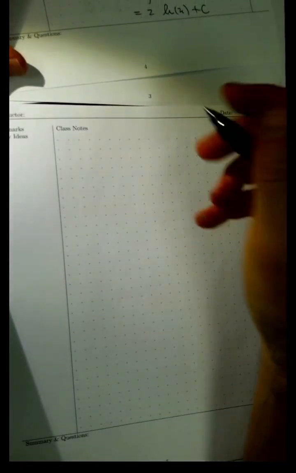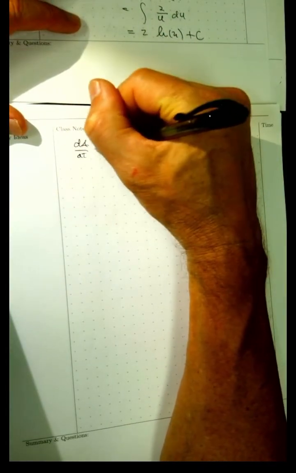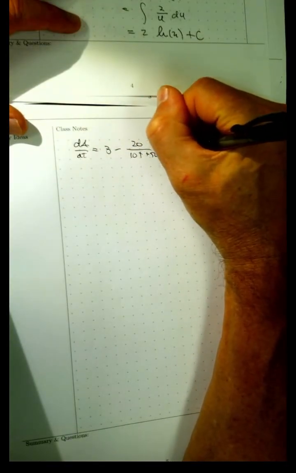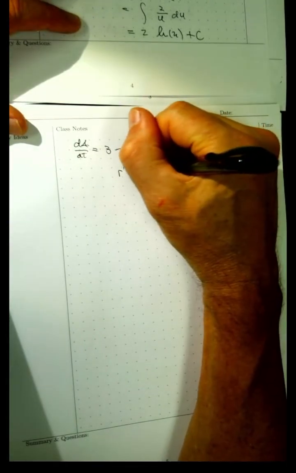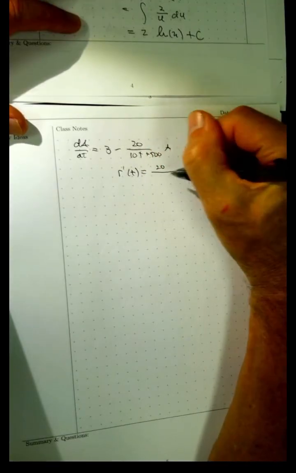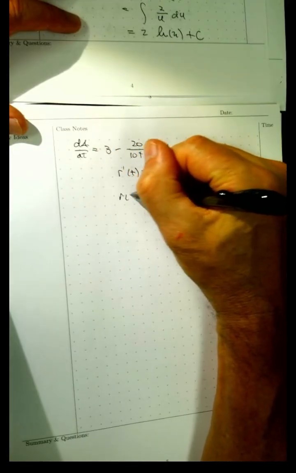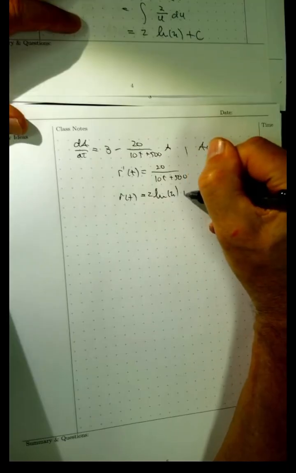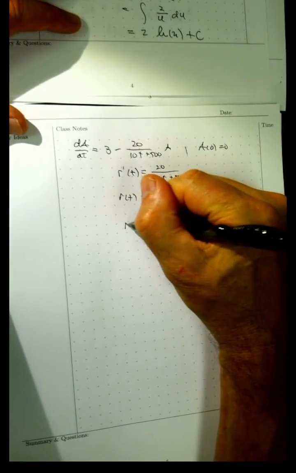All right. So again, my differential equation was dA/dt equals 3 minus 20 over 10t plus 500 times A, with A of 0 equal to 0. My R prime of t was 20 over 10t plus 500. My R of t we decided was 2 log of u plus c, where u was 10t plus 500.